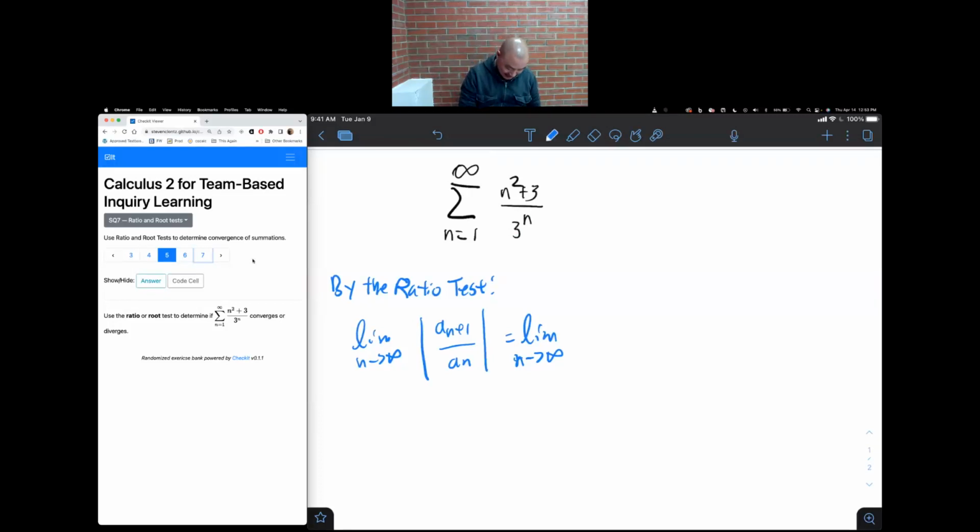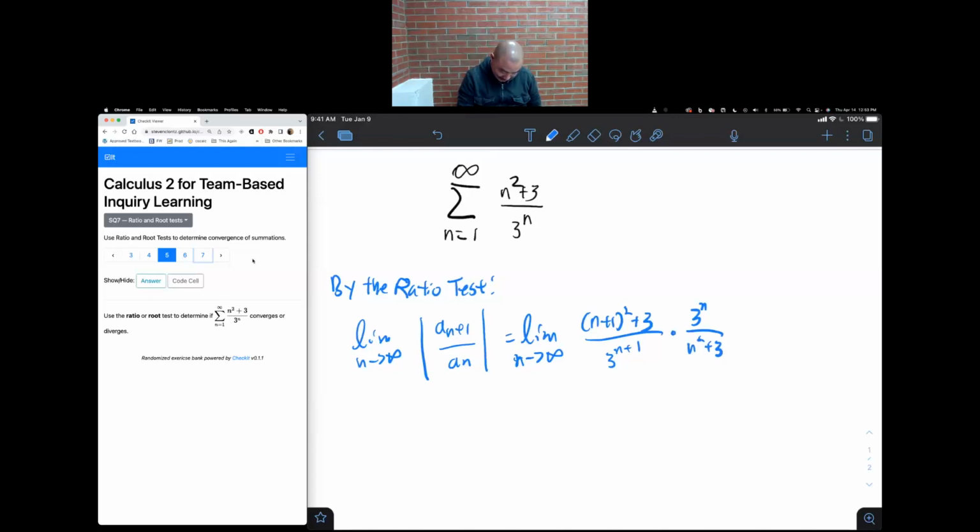The next is that when we evaluate at n plus 1, we get n plus 1 squared plus 3 over 3 to the n plus 1. And then rather than divide this whole thing by a sub n, I'm just going to multiply by the reciprocal for ease of writing, 3 to the n over n squared plus 3.